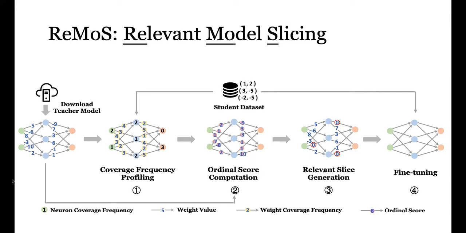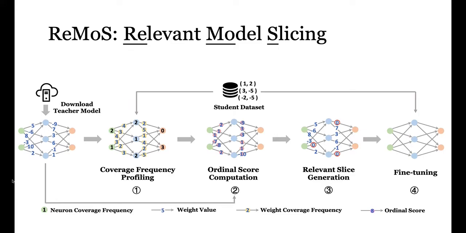ReMoS consists of 4 stages. The first stage is coverage frequency profiling. This stage uses the student dataset to compute the coverage frequency of each weight, which represents the relevance to the student task.